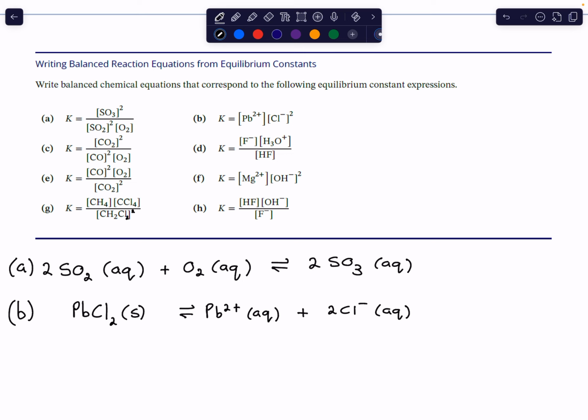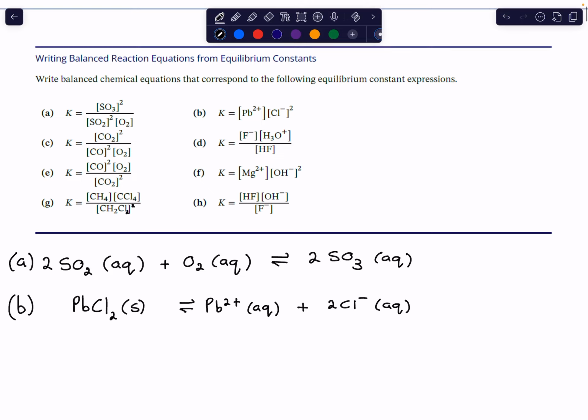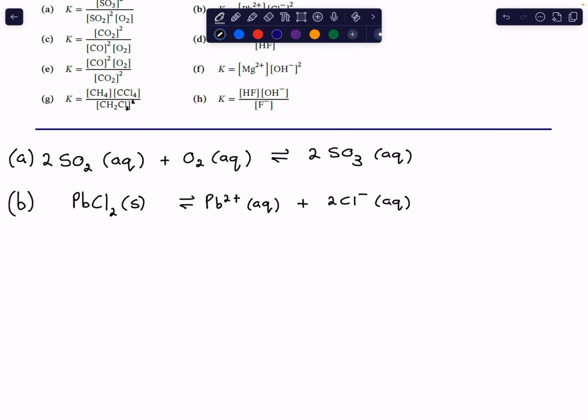If you write this K expression, it makes sense. Everything's balanced. PbCl2, a solid, dissolves. It wouldn't make sense to make lead chloride a liquid. Lead chloride is a salt, and hence a solid.